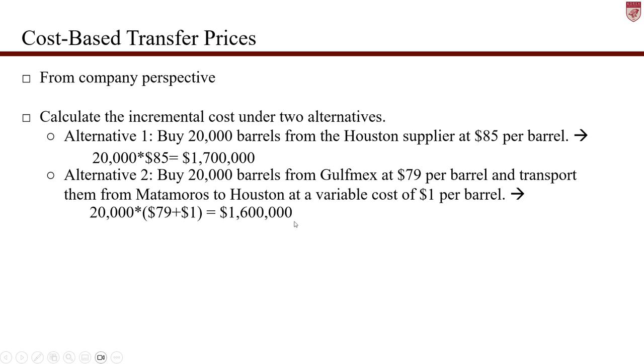So that would be 20,000 barrels times $79 plus $1, so $80 per barrel, right? That would leave us with $1.6 million. So from the company perspective, it makes sense to move from alternative one to alternative two, right?